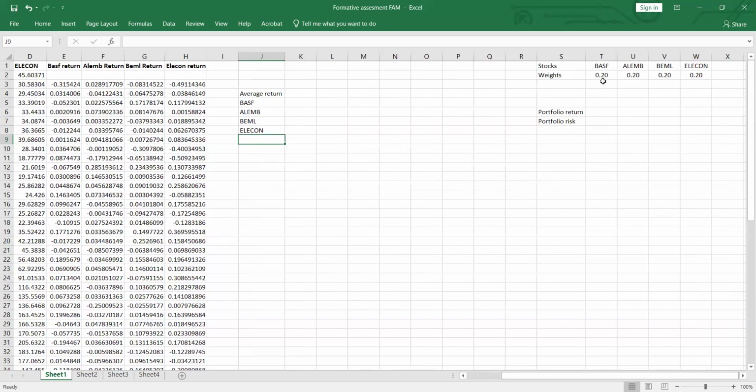We change some weights because they add up to only 80. So 25, 25, 25 and 25. Now it is one.